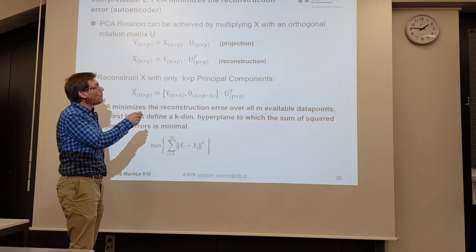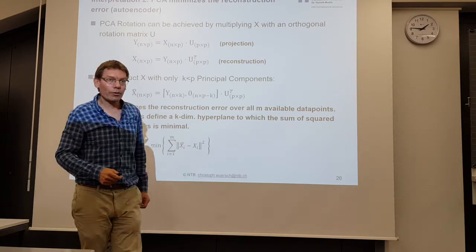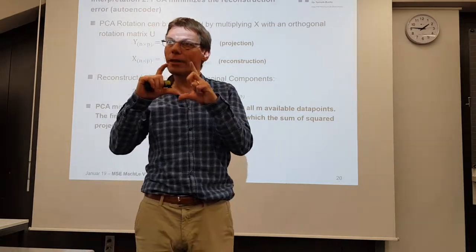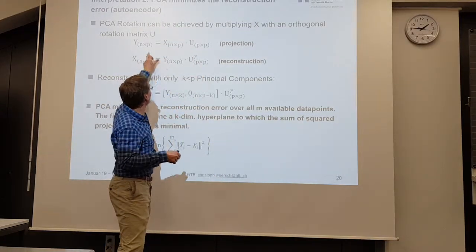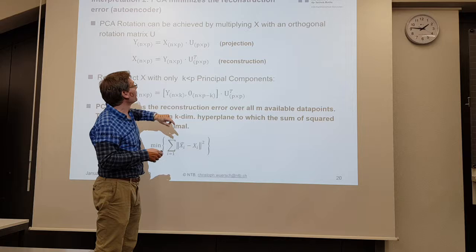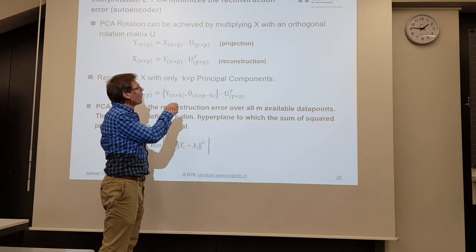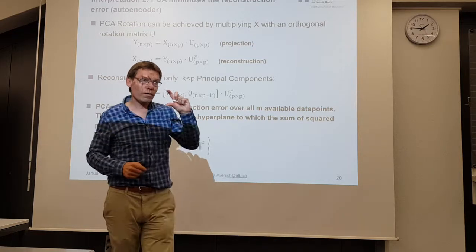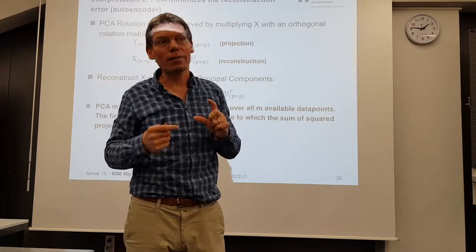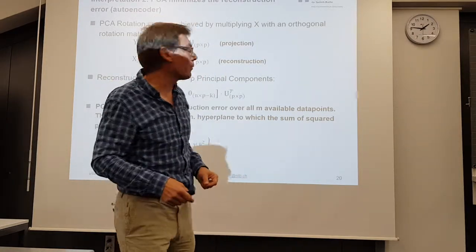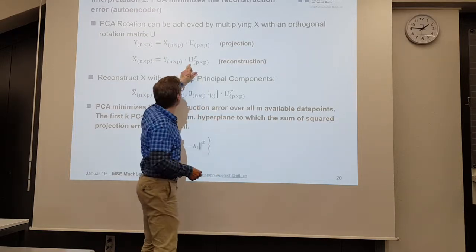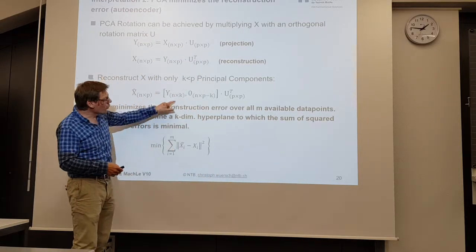Using now only a subpart of this transformation matrix U, we can project the original data to a lower dimensional space. And the reconstruction is just done using the transposed matrix, which is at the same time the inverse of the U, because it's an orthonormal transformation. And that's shown here actually.